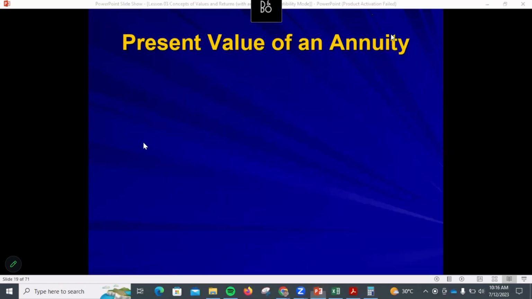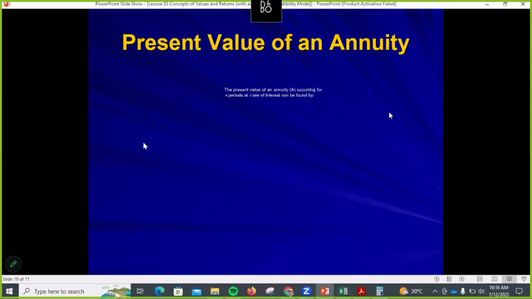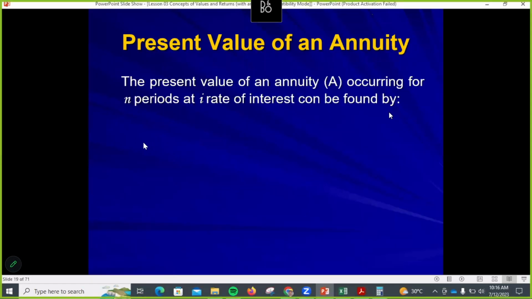So next thing, present value of annuity. As we have seen the future value of an annuity, now you want to calculate the present value of annuity.